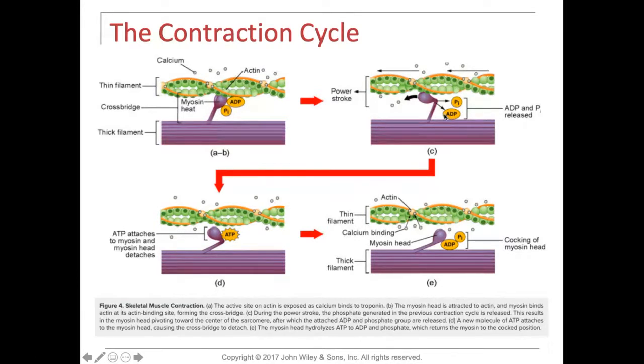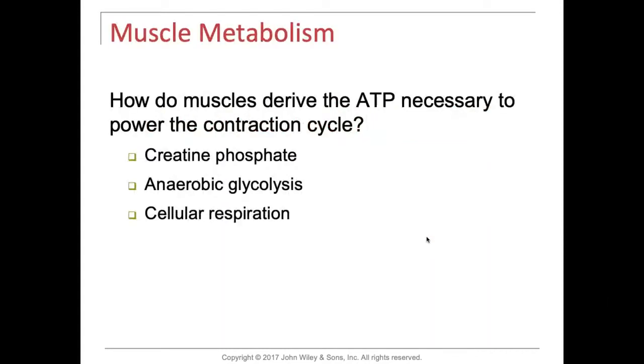If you have adenosine diphosphate and you add a third phosphate there, you have adenosine triphosphate. That's what is needed to detach the myosin head from the actin, getting ready for another power stroke. It's the detachment that requires ATP.